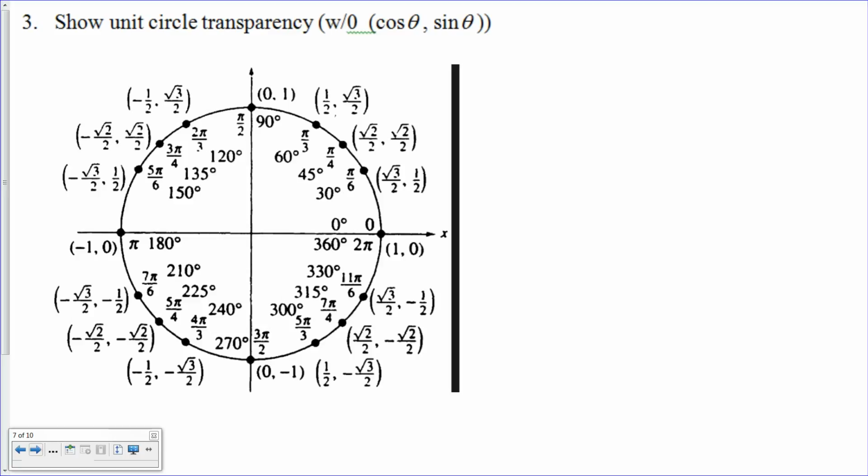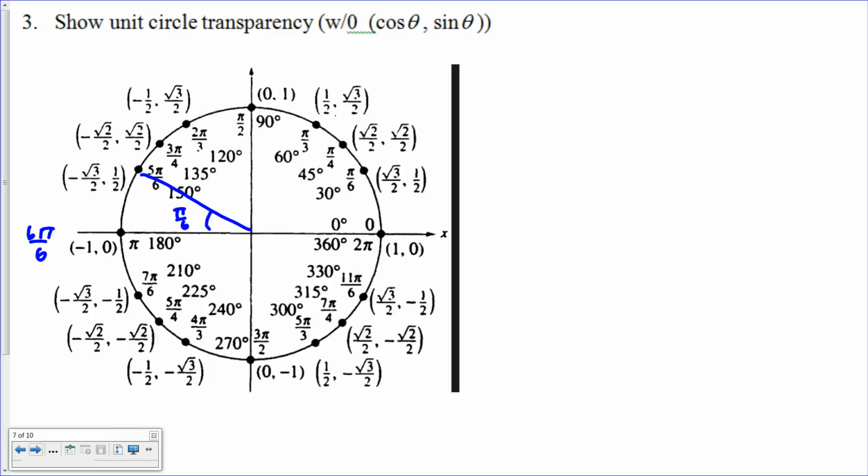Also notice this. If this is pi over 6, notice that this is 5 pi over 6. Why is that 5 pi over 6? This is pi over 6 here, and you're taking pi, which is really 6 pi over 6, and subtracting off pi over 6 and getting 5 pi over 6. How are you getting 3 pi over 4?